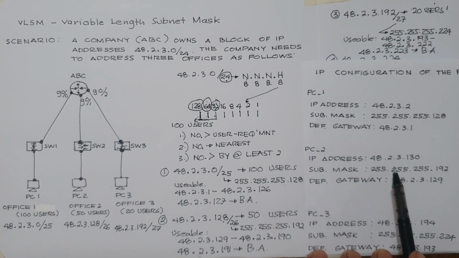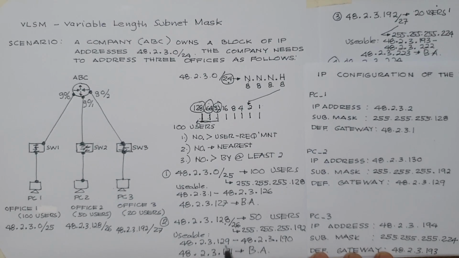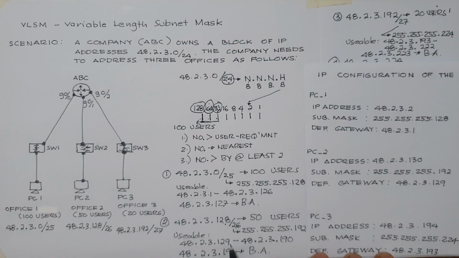So its IP address should come from the usable range, and that will be the second usable, which is 48.2.3.130. And this first usable will be the default gateway here. Okay, and the subnet mask will be for /26, 255.255.255.192. That is for the second PC.